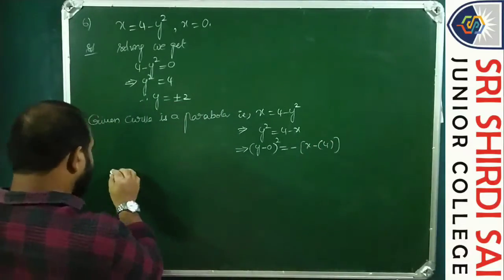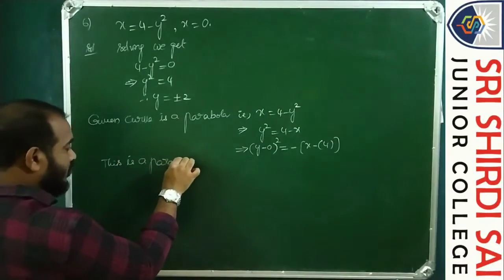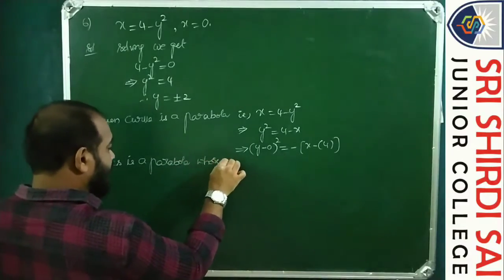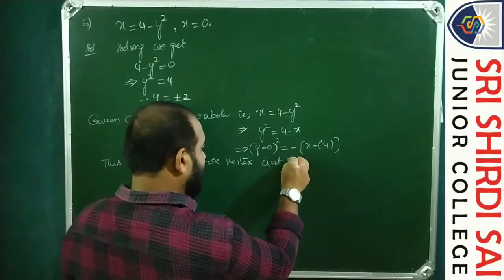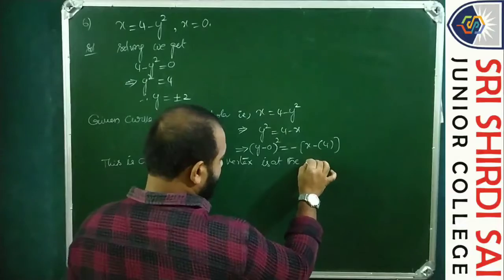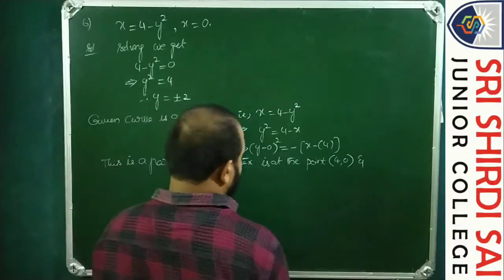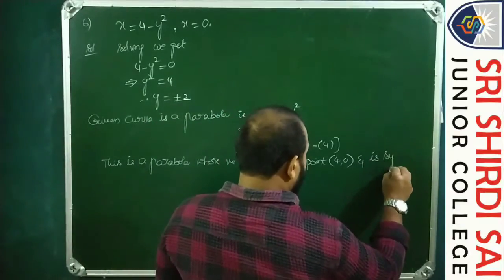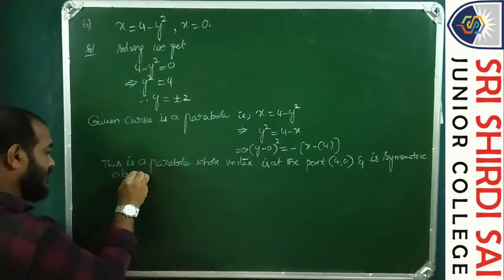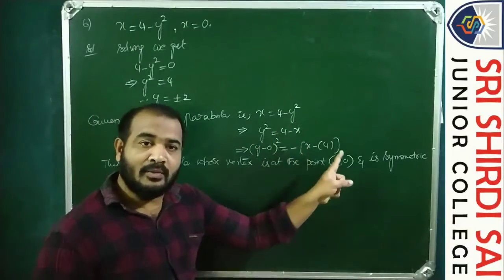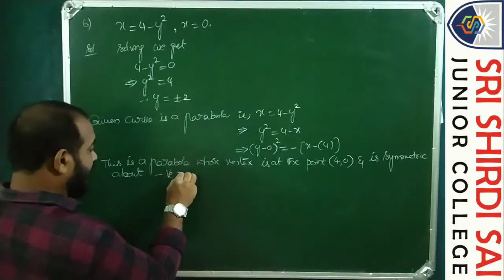So this is a parabola whose vertex is at the point 4 comma 0, and is symmetric about, see here, y power even, symmetric about x axis. Which x axis? About the negative x axis.